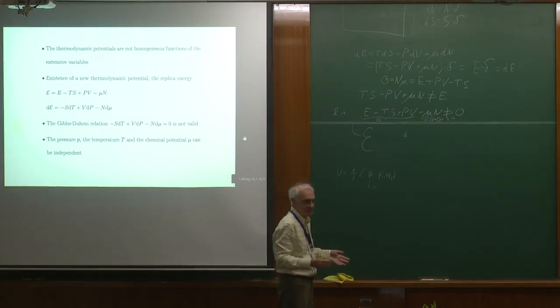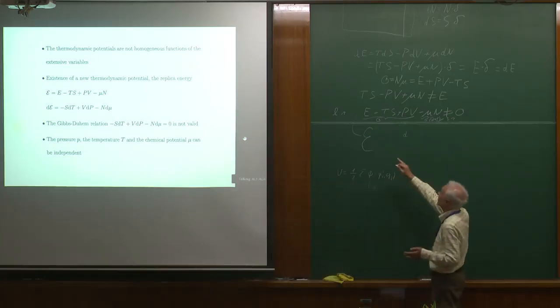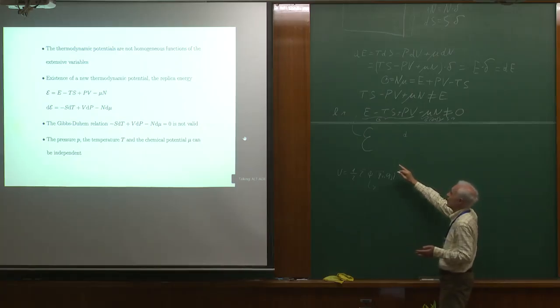So you are not doing anything to the system, but just to see that the simple addition of this interaction makes the system non-additive, and you get a replica energy which is different from 0.